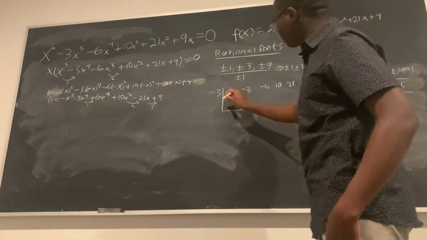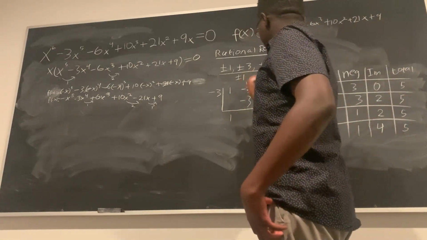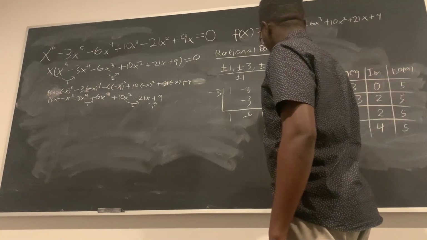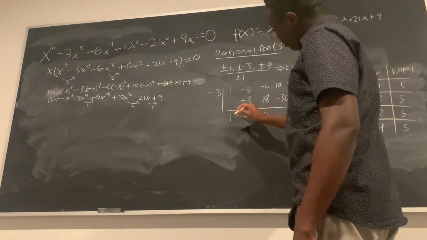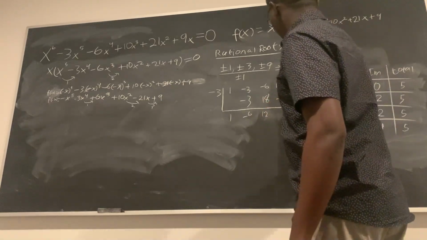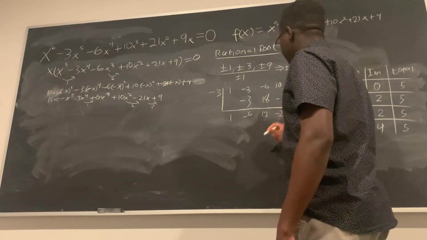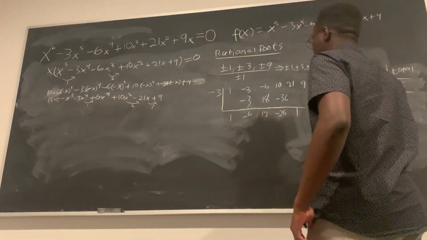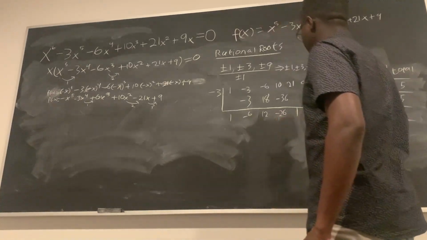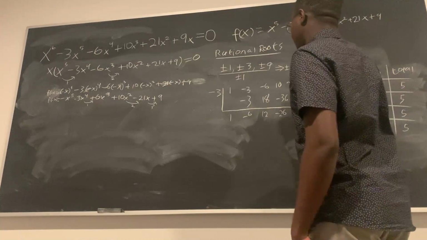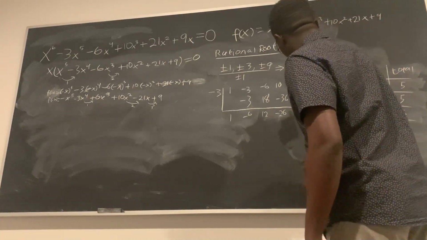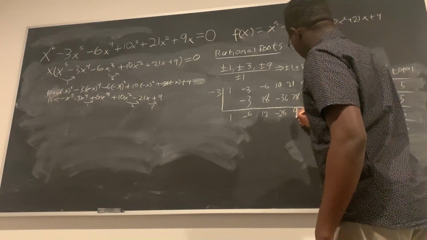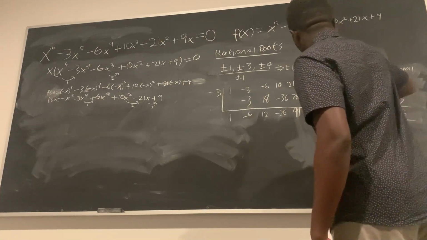We drop this down, and now we have 1, negative 3, then this is going to become negative 6, negative 3 plus 6, this is 18, this is going to be 12, this is negative 36, remember, multiply, add, and then 10 minus 36, negative 26, 3 times 26, that is going to be 78, and then 21 plus 78, that is 99.